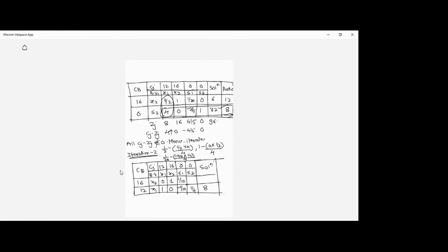Next, for the last thing, it will be 1 by 2 into 1 divided by 4, so the value comes out to be minus 1 by 8. For the solution as well, you can do 6 minus 32 into 1 by 2 divided by 4. If you find this particular value, it comes out to be 2.